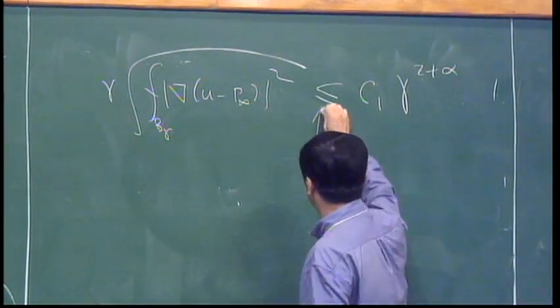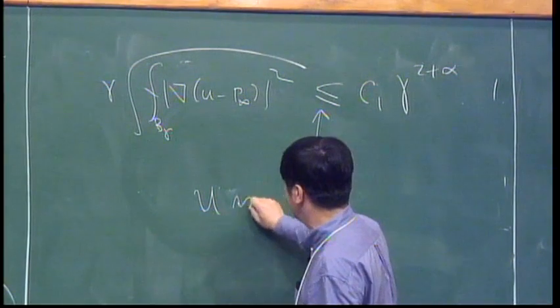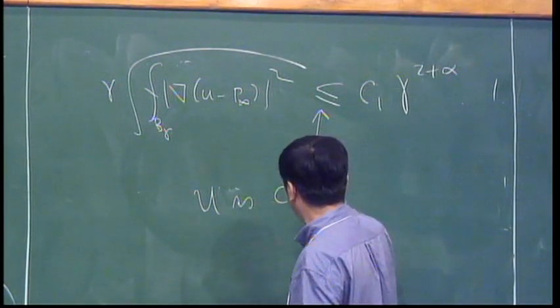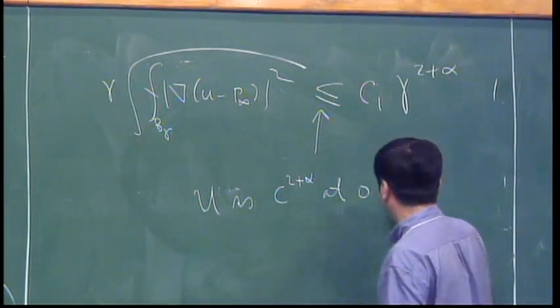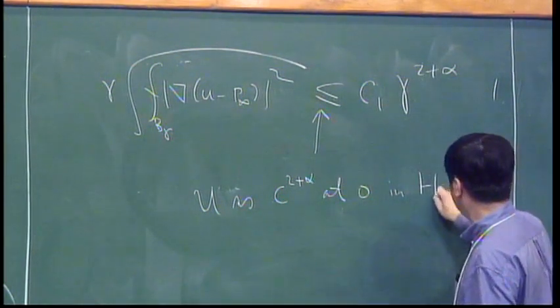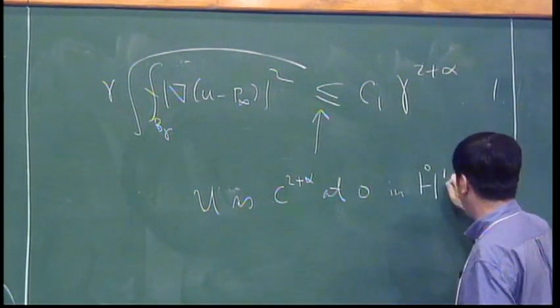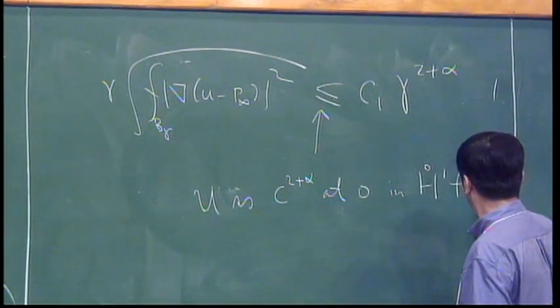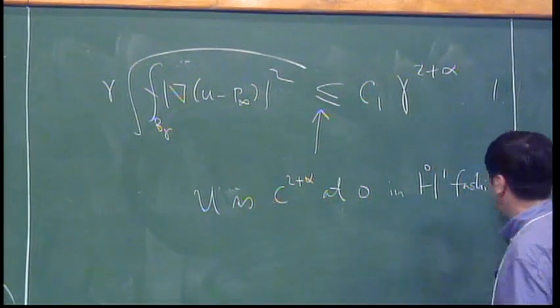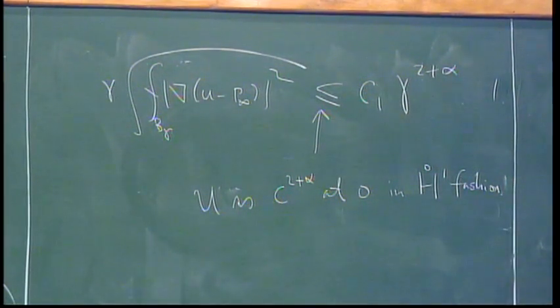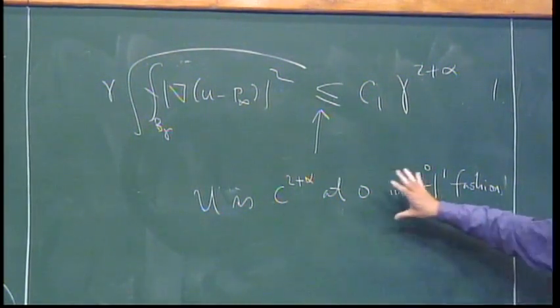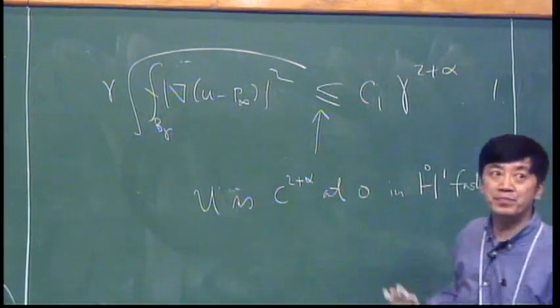This says that U is C2 alpha at the origin in H10 fashion. What we did before, you can see by the naked eye, is that U is C2 alpha by this L infinity norm, physically exactly. But this is by this kind of semi-norm.